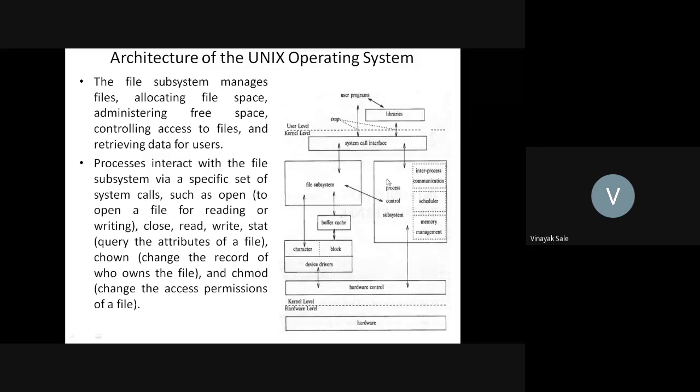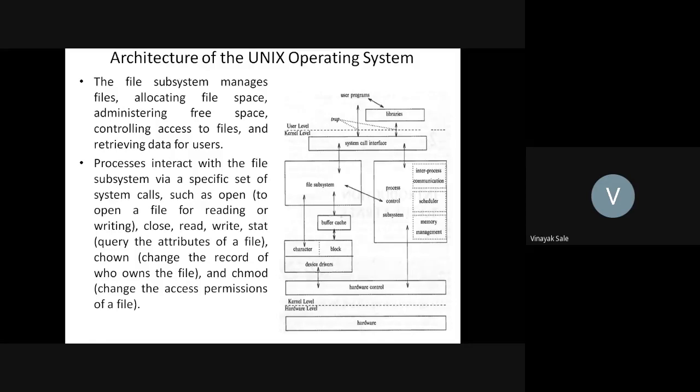The process control subsystem, that is the PCB, interacts with the file subsystem through a specific set of system calls, such as opening a file for reading, writing, or executing.